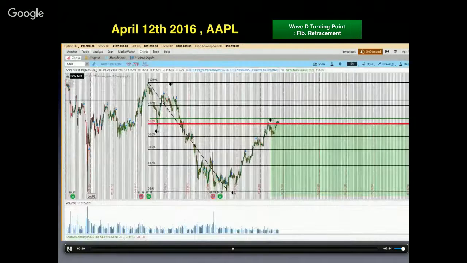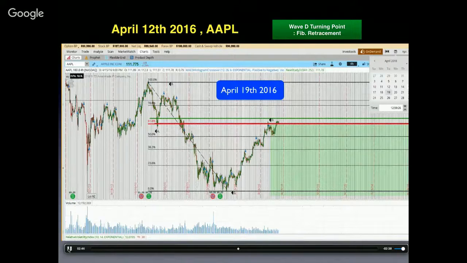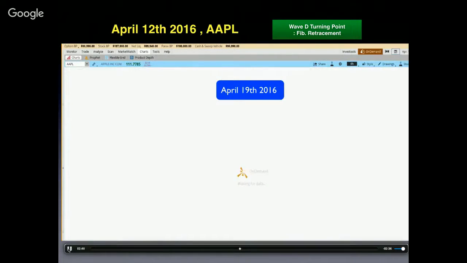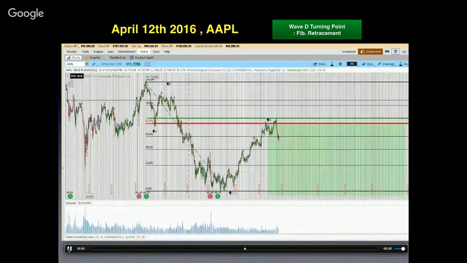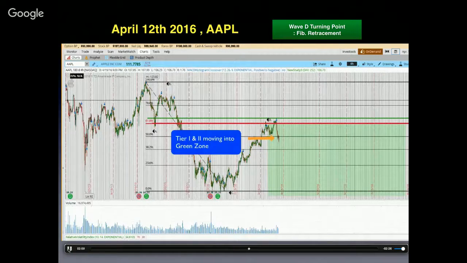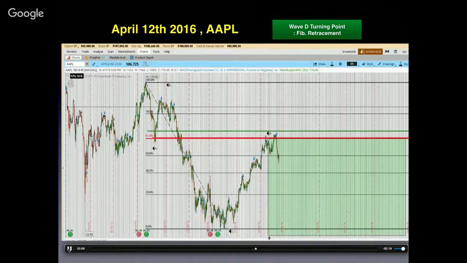Okay, so now I have tier 1 and tier 2. So I'm just waiting for tier 1 and 2 to go into the green box, which is my profit zone. Okay, so April the 19th, let's check. Apple finally wave D has been completed, and now tier 1 and 2 is moving into that green zone. So both tiers are profitable now.